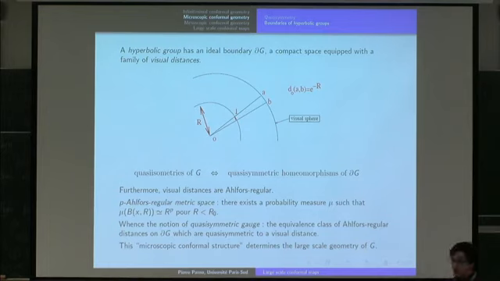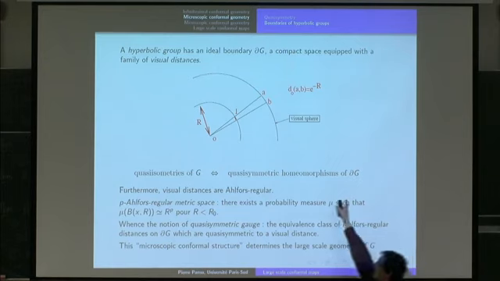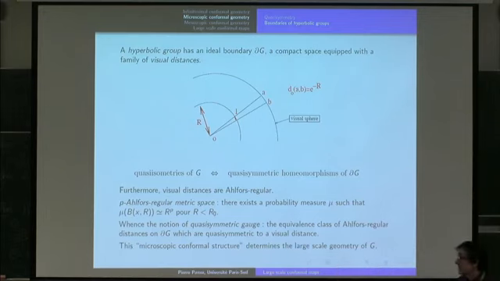Such an equivalence class is well defined on the ideal boundary of hyperbolic spaces, especially hyperbolic groups. And this theorem for groups in some sense says that this microscopic kind of conformal geometry contains all the large-scale geometry of hyperbolic groups.